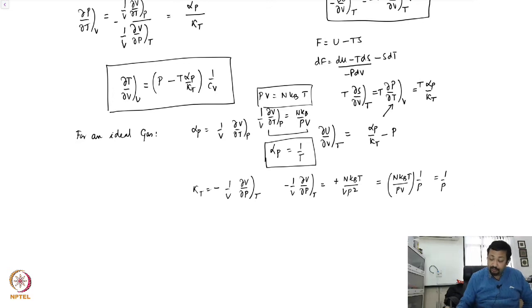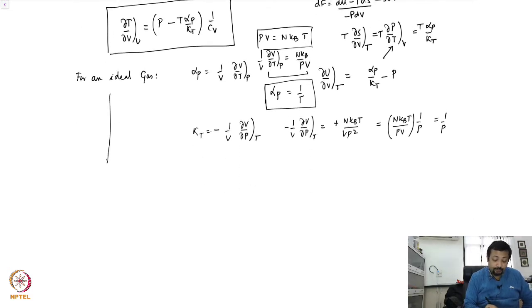So you see, for an ideal gas, it follows that (∂T/∂V) at constant U is going to be pressure minus temperature times alpha P, which is 1 by T, and the kappa T is 1 by P, so that this becomes this, and you have this 0.